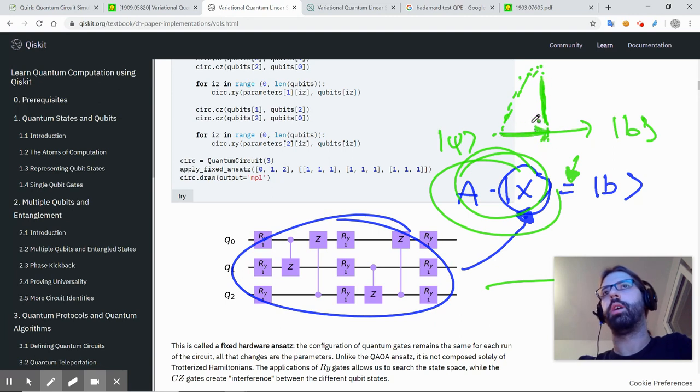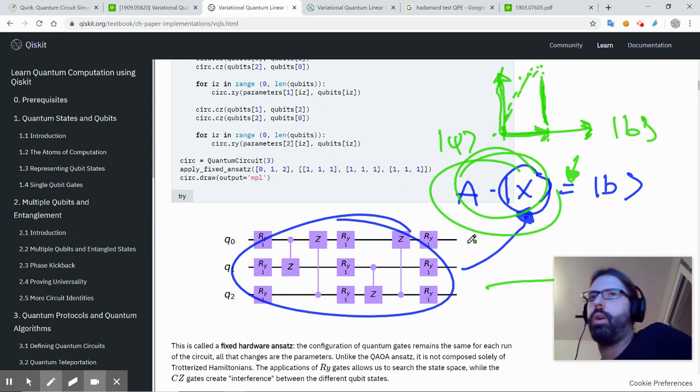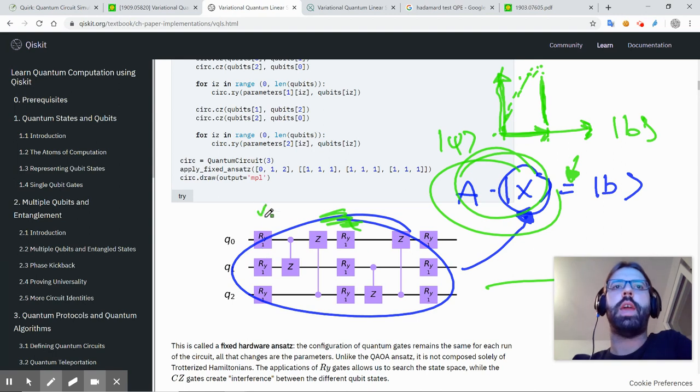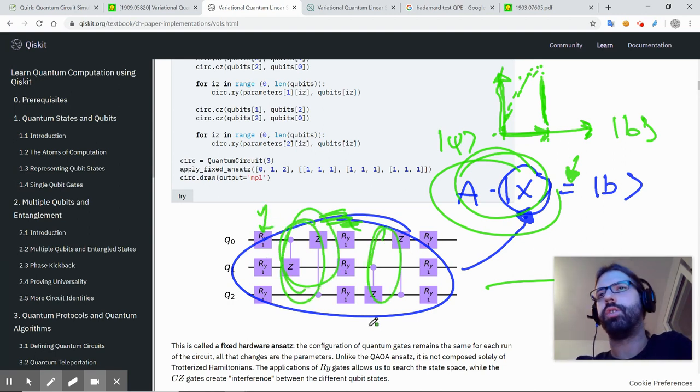If they're the same vector, the projection is basically maximum. If they are completely perpendicular, the projection is minimal. So you want your cost function to be designed this way. But we're going to put this aside for now, and I want to play with these and see what interference patterns those control Zs generate in conjunction with these Y rotations.